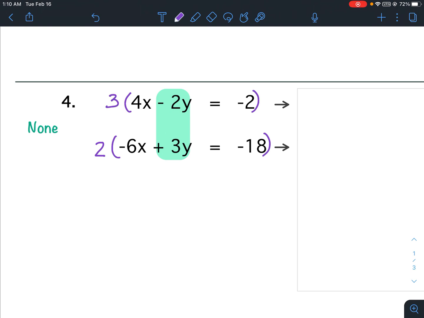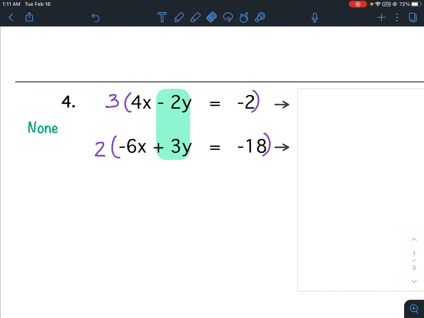Now we have to decide, should one of these be negative, or should they both be positive? Well, look at the signs on the inside. Remember, if the signs are already different, then the signs on the outside need to stay the same. Since one is negative and one is positive, the signs on the inside are different, so I need 2 positives on the outside. So I'm going to multiply the top equation by 3 and the bottom equation by 2.